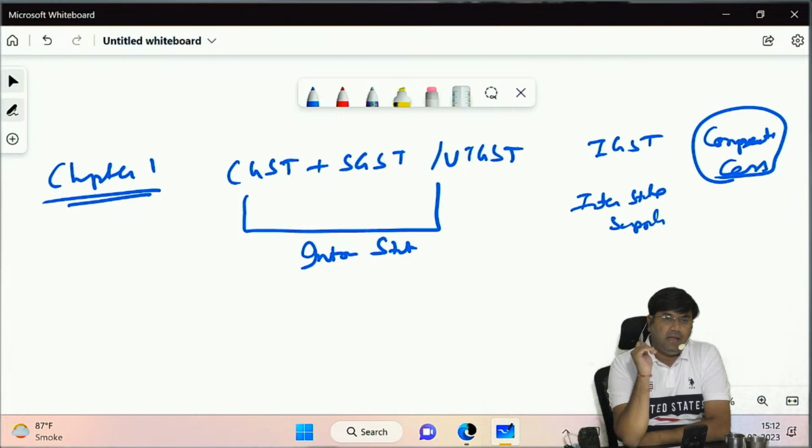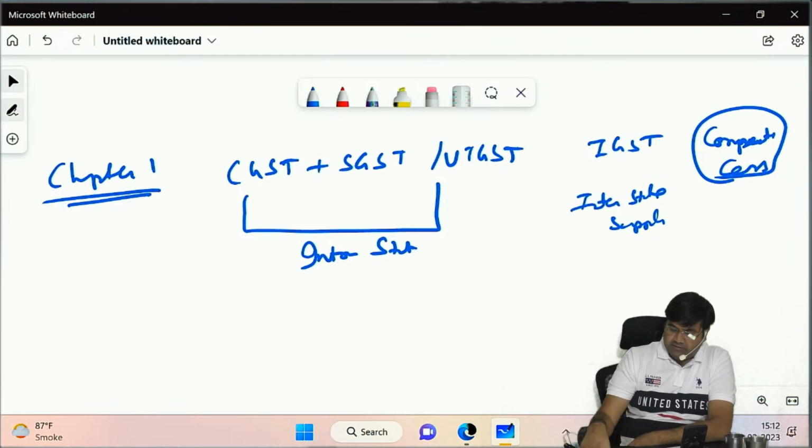Okay, and this compensation cess is being levied by the central government so that they can collect the fund and compensate the states in case of any shortfall of revenue compared to the previous year.